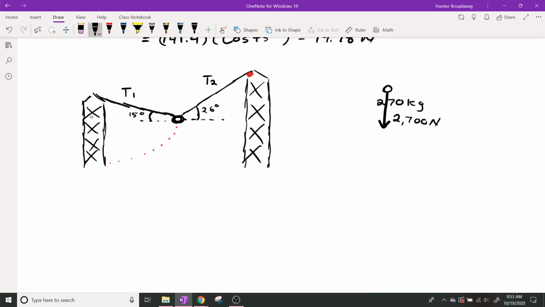What else do we have? Okay, we have two tensions. One is going this way, and we'll call that T2, and one is going this way, and we'll call that T1. I'm going to try to make it look thinner than the other one because it's at a smaller angle. That's T1.